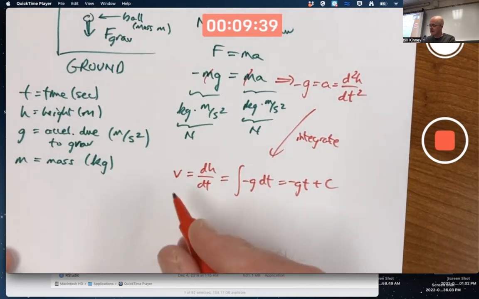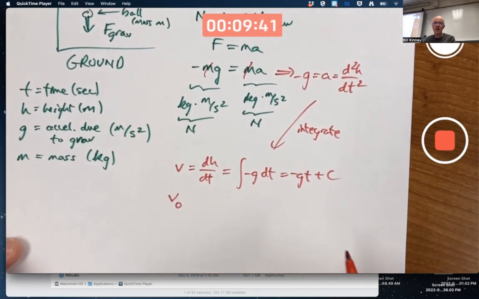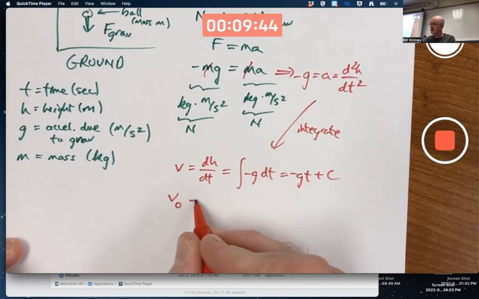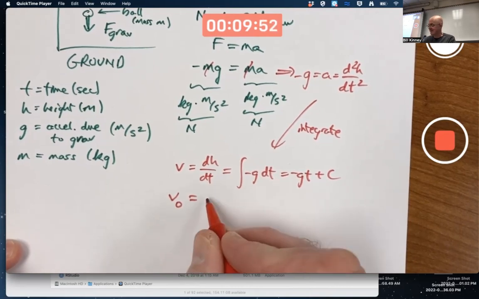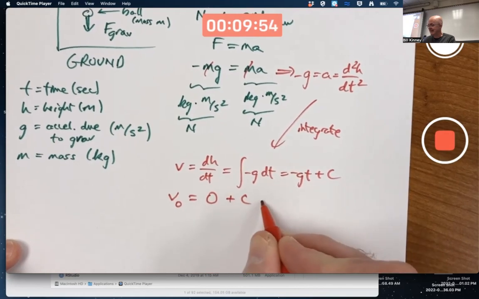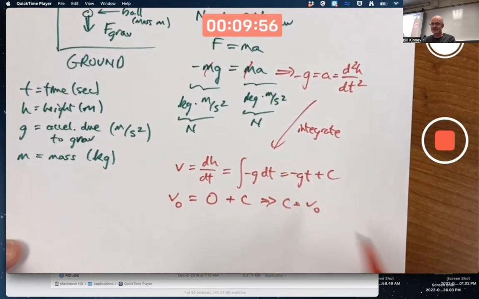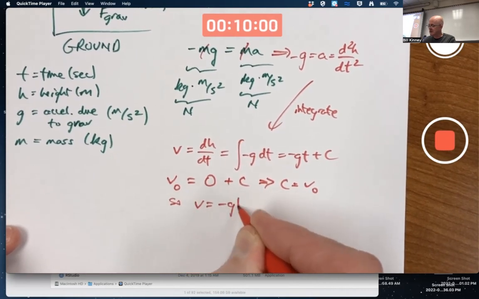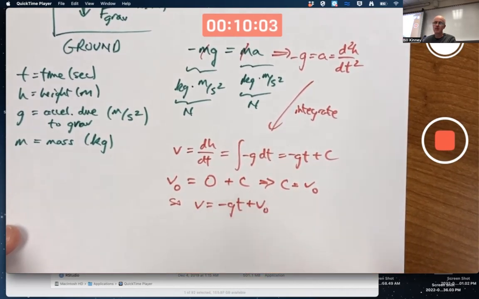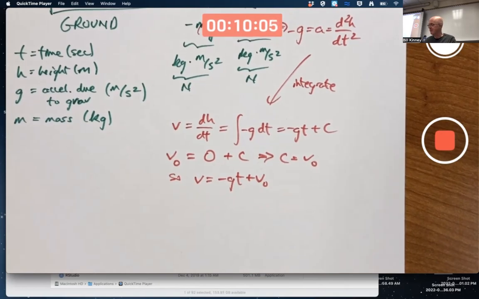But in general, you would call the initial velocity v sub 0, or v naught for short. Say v naught, N-A-U-G-H-T, naught as in 0. c is the initial velocity. So the velocity becomes negative gt plus v sub 0, or v naught if you prefer.